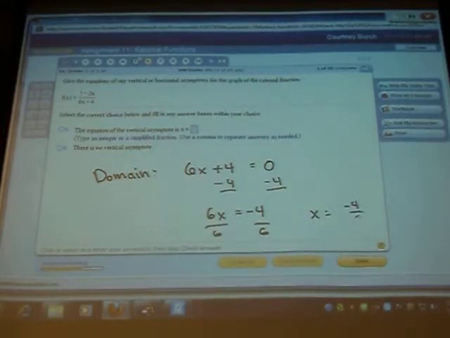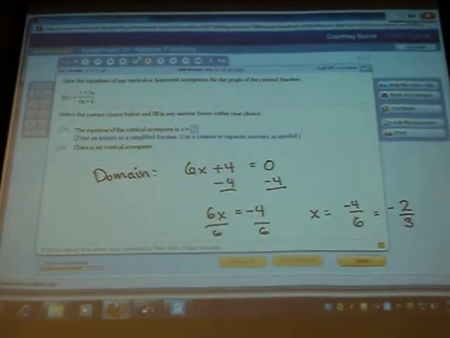So I get negative 4 over 6, which they will expect you to reduce to negative 2/3. Plug in negative 2/3 on top, you won't get 0. So it only makes the denominator 0, so it is a vertical asymptote.